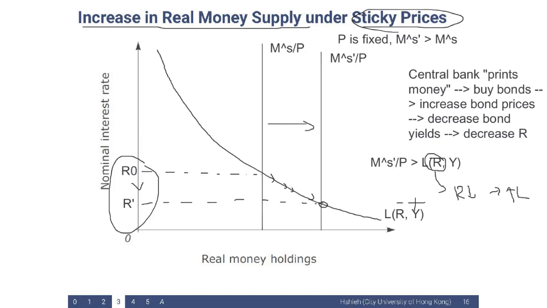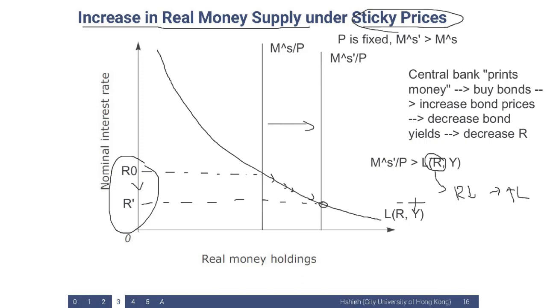Yeah, clear? So maybe walk through again what's happening. So let's do the math first. MS increases to MS prime. MS prime over P is increasing because P is assumed fixed. We have sticky prices in the so-called short run. With sticky prices, the real money supply curve, which is the vertical line here, must shift to the right because moving away from the origin is increasing in value. So MS over P increases.